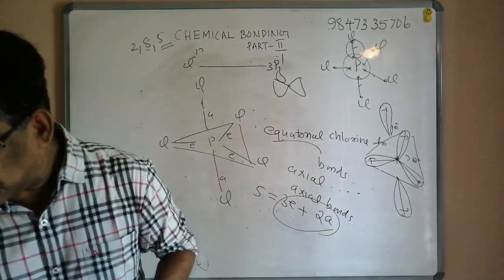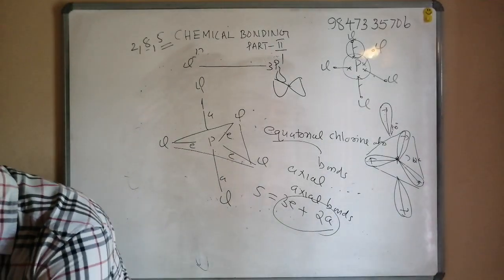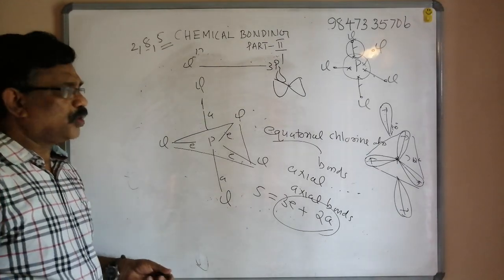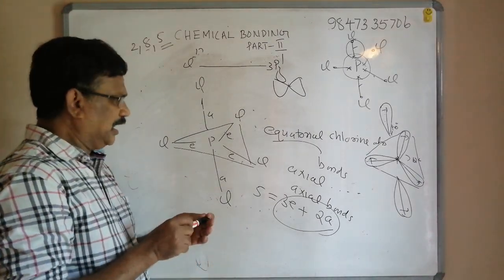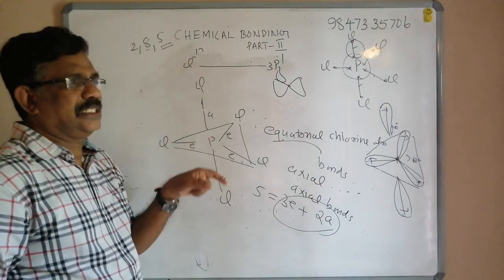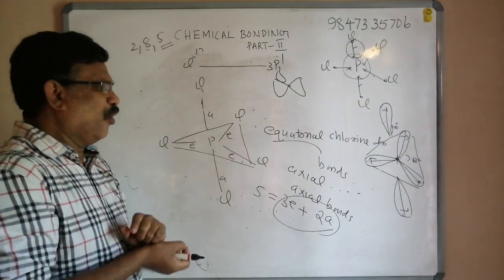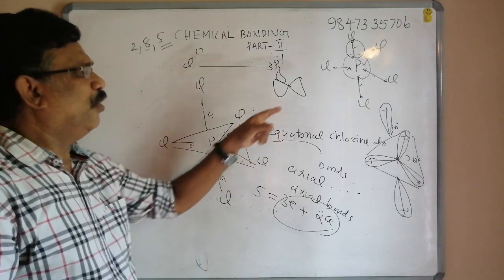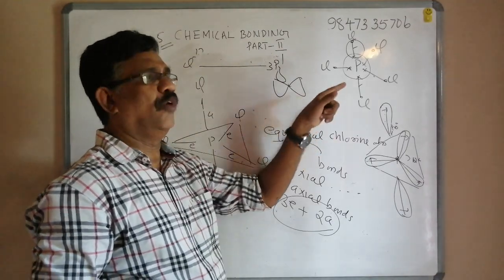From electron diffraction studies, it has been found that the axial bond is somewhat longer than the equatorial bond. We discussed that all bonds are sp3d-p overlapping.